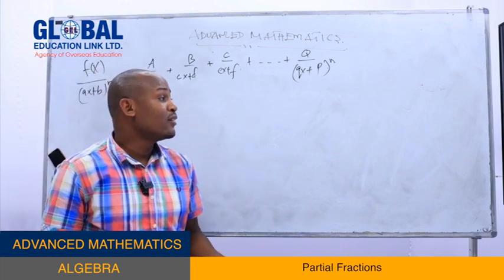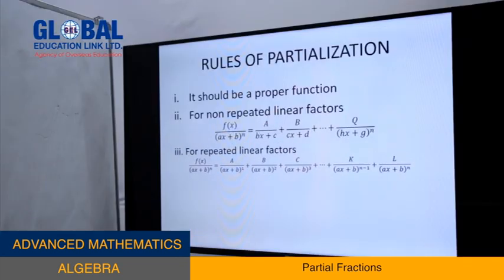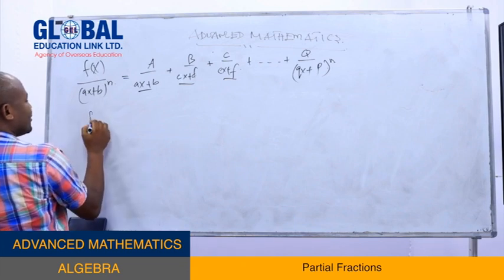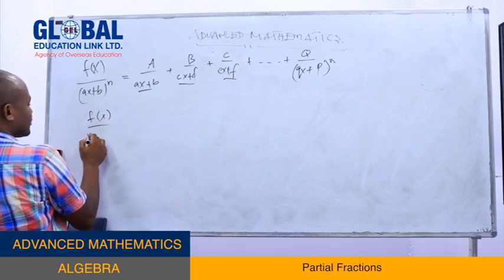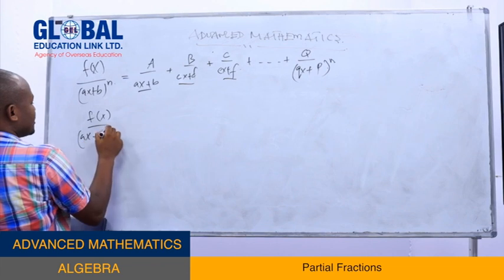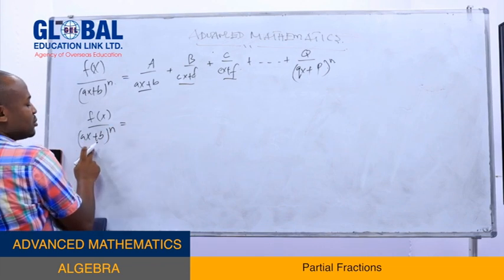Now, the third rule is for repeated linear factors. Now, these factors are repeating. How do we do that? That means we have a function with (ax plus b) raised to n, and the factors are repeating one after another.